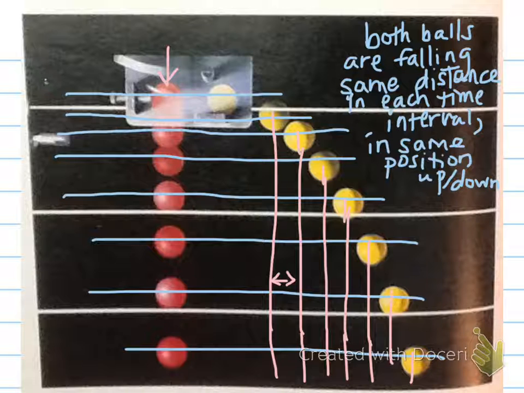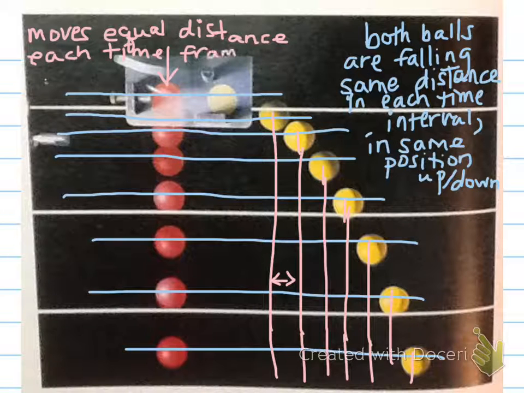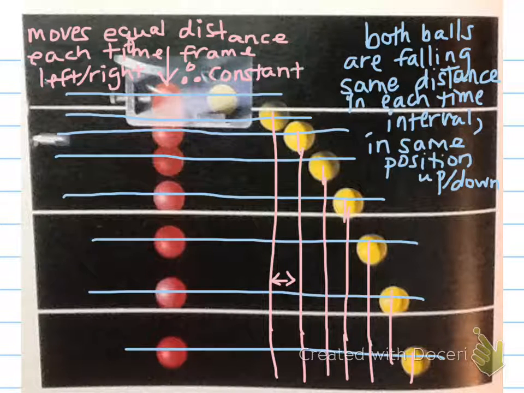So in the horizontal component, the ball moves an equal distance each time frame. Therefore, it's constant. That distance stays the same.